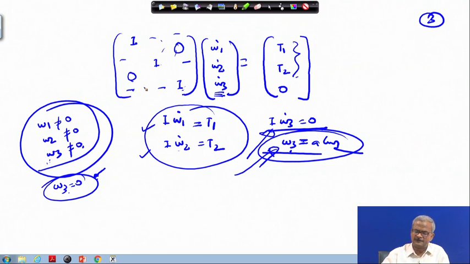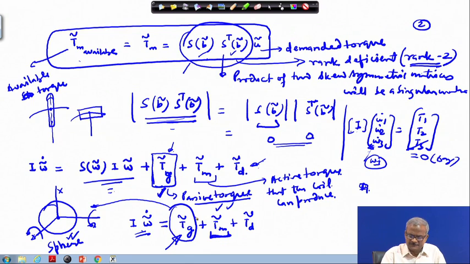Off diagonal terms should not be 0, but here in this magnetic actuation case, whether it is spherical or non-spherical, irrespective of that, your T is only effective along 2 axes, the third axis it will be 0. And therefore, this is all the time under actuated, only actuated along the 2 axes.